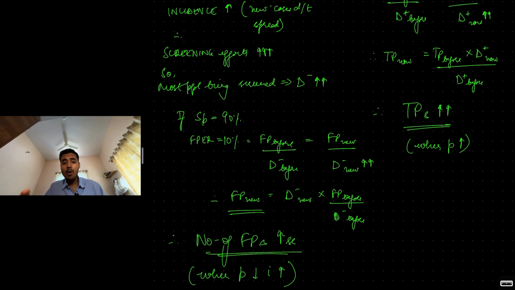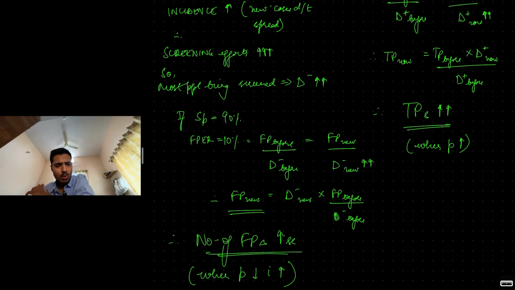So before this epidemic, I had false positives, the number of false positives divided by the total number of healthy people before. Now I am screening way more number of people. So now I have false positives more and way more healthy people. Why do you have a lot of healthy people now?